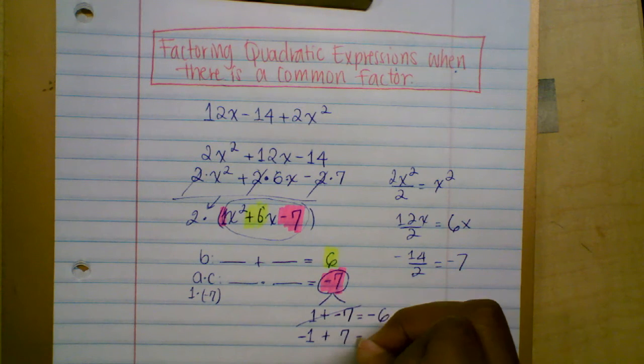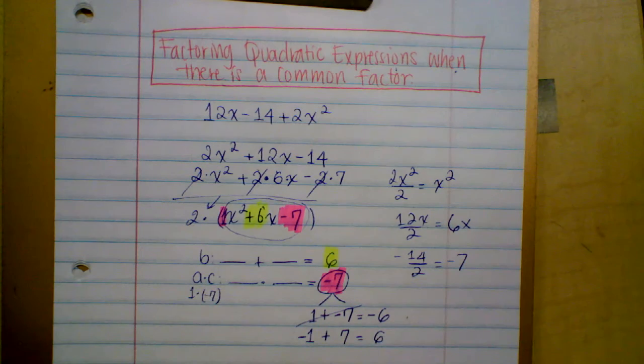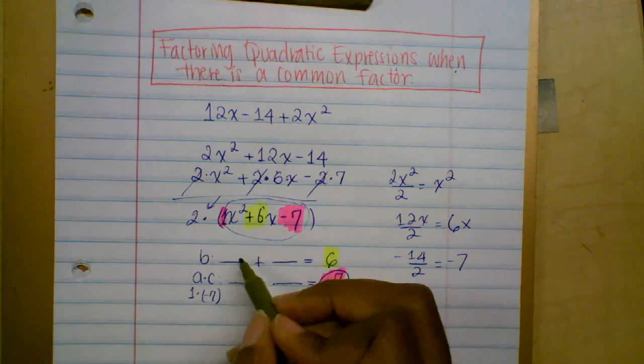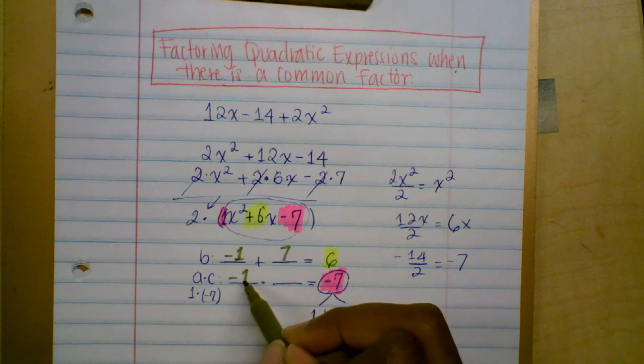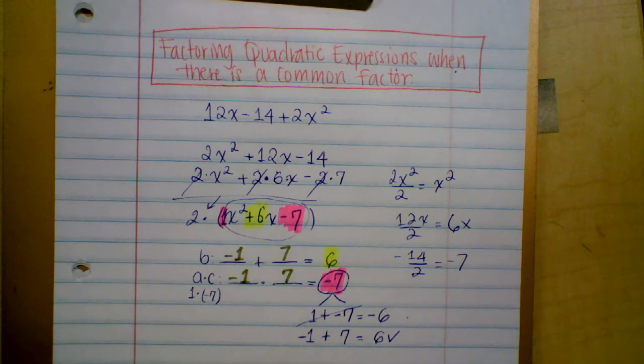When you add them up you end up with positive 6, check. So the two numbers that work are negative 1 and positive 7. Negative 1 plus 7 is 6, and negative 1 times 7 is negative 7.